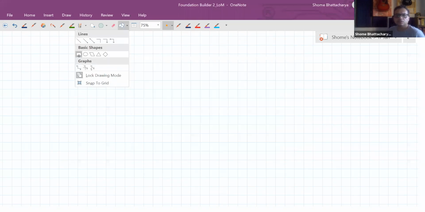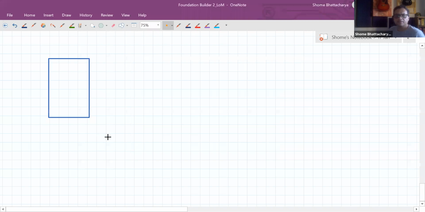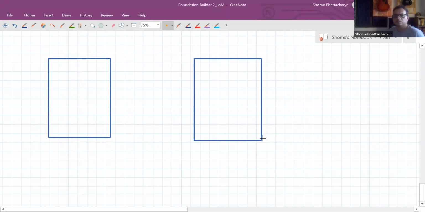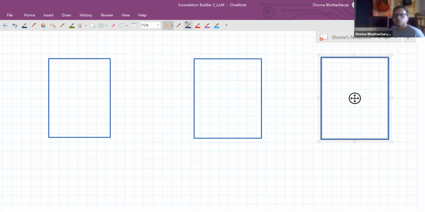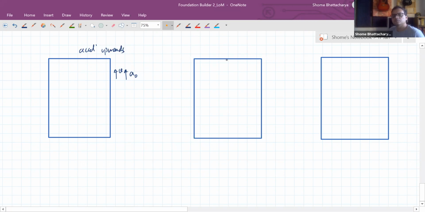One is when the elevator is going up with acceleration. Then the second is when its speed becomes constant. And third is when while going up, it is decelerating. Okay. So one is when it's going up with acceleration. Okay. So it is accelerating upwards. Okay. The other is when its speed becomes constant.